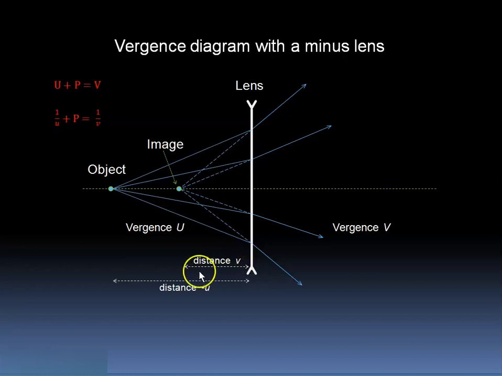But we still have distance v, and we have distance minus u, and we still have vergence, the vergence of the original light, and now the vergence that's leaving the lens is the image vergence, which is the vergence V. And to the observer on this side, this light appears to be coming from this point here. The image point and the object point are related to each other by the formula, as always, the same one that we saw before.